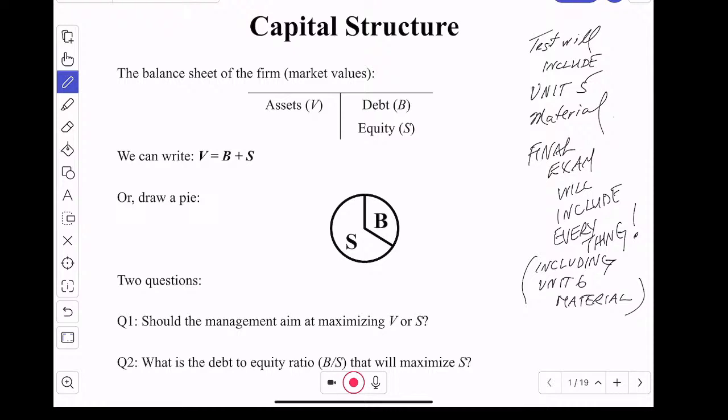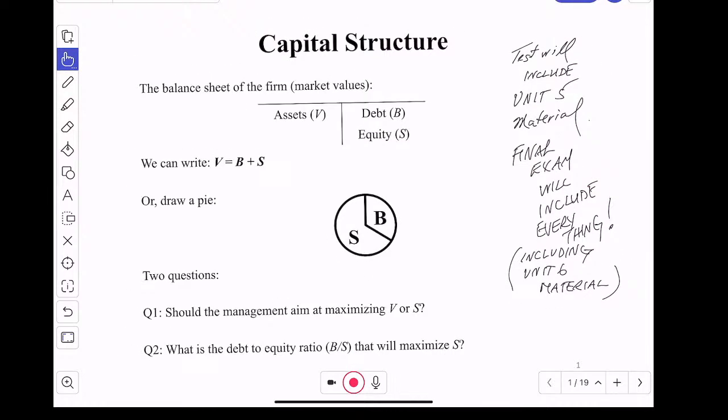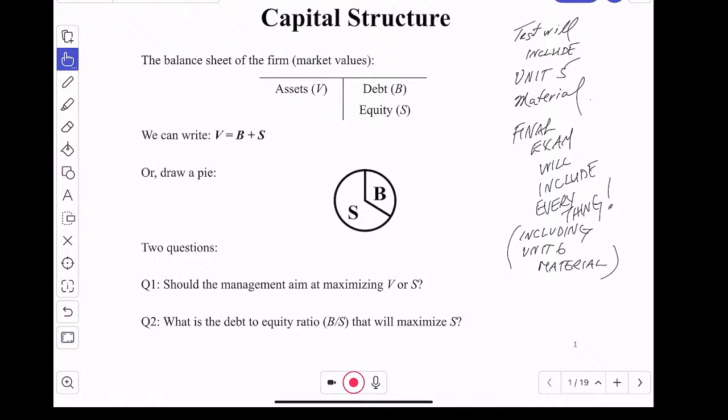So Unit 6 material is about how and whether the relative proportions of debt and equity matter. What matters from the perspective of the firm, we always learn, is what shareholders think, right?